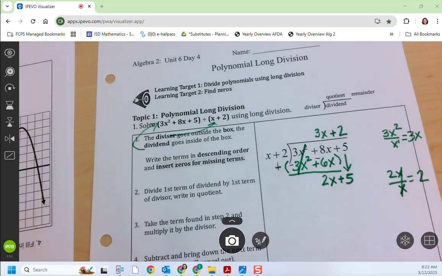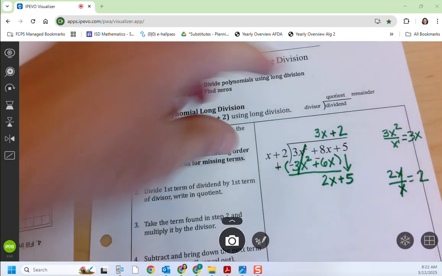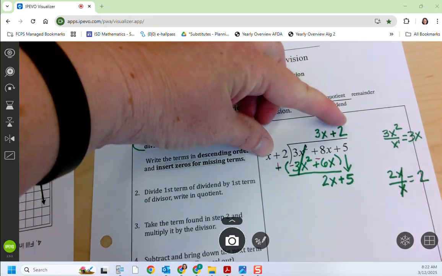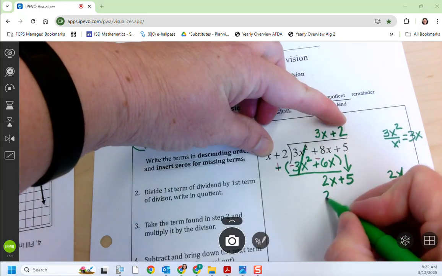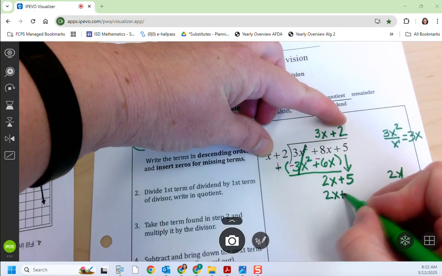And then I'm going to multiply. So 2 times x plus 2 is 2x plus 4.